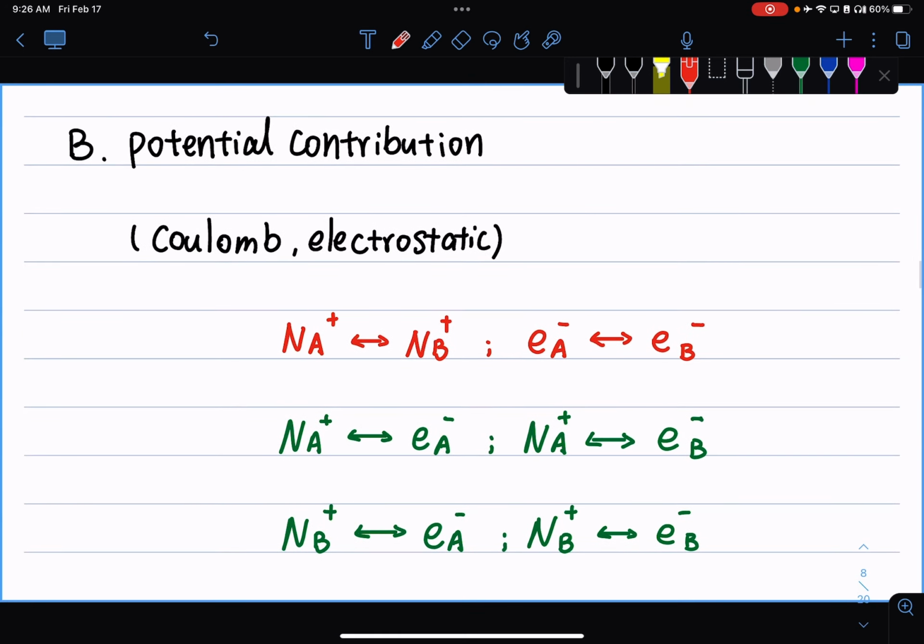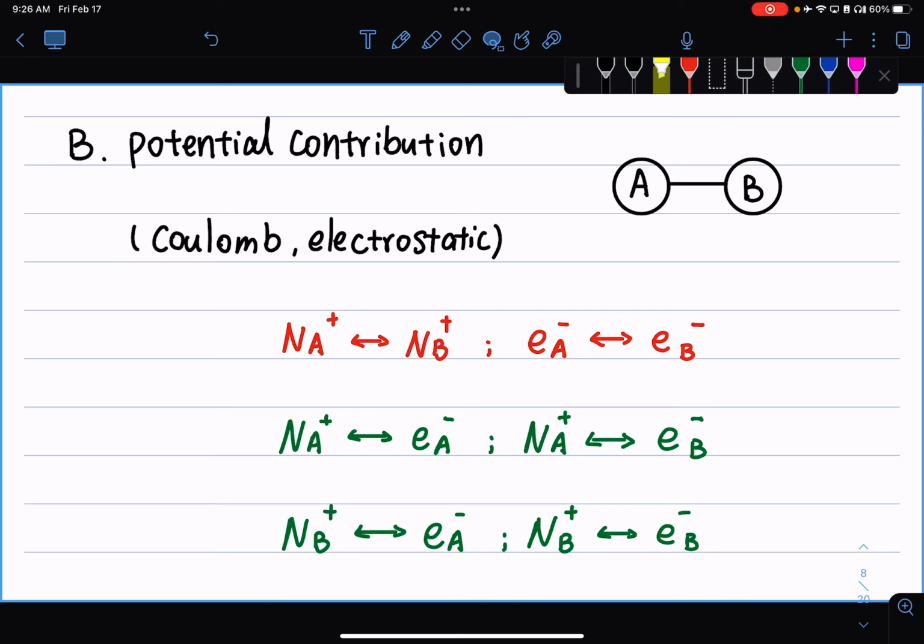The potential part is even more formidable. We're talking about the Coulomb's electrostatic potential, right? Your nuclei are positively charged, your electrons are negatively charged. Whenever you have charged species, they'll have electrostatic interaction. Species with the same charge repel each other.